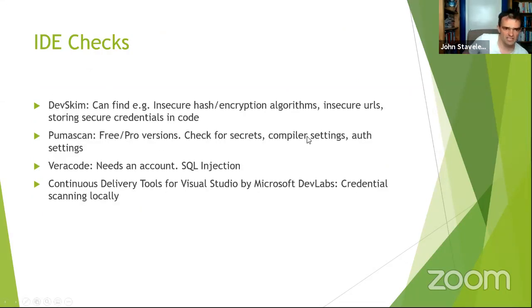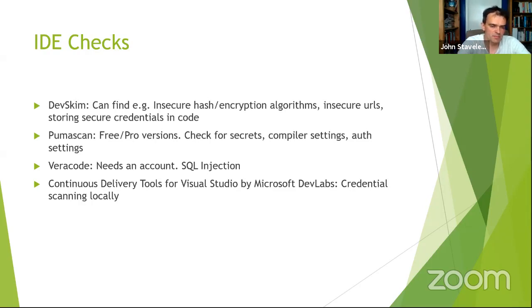So in terms of IDE checks, you've got a number to go at. Each of these things teach you something new about your code. Devkim, which I've used, helps you find insecure hash and encryption algorithms, insecure URLs, not using HTTPS, storing secure credentials in code. It doesn't do all of them, like it won't find a service bus credential, for instance.